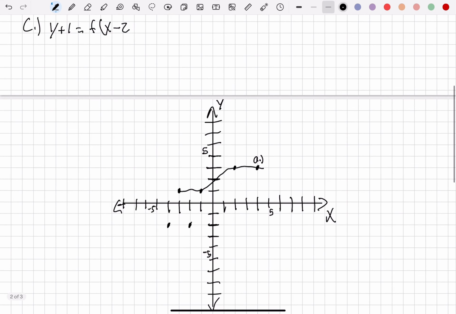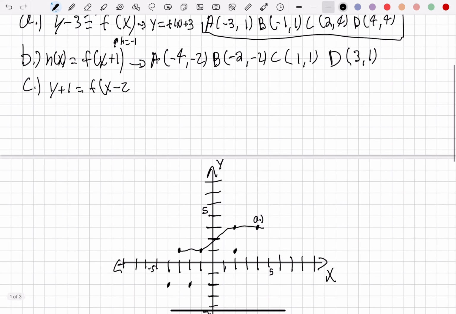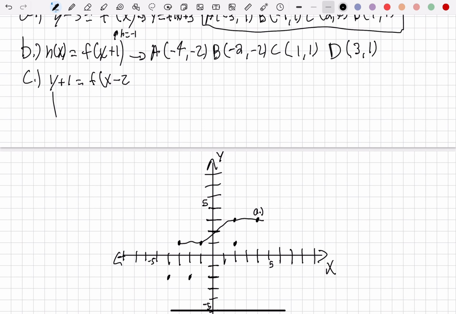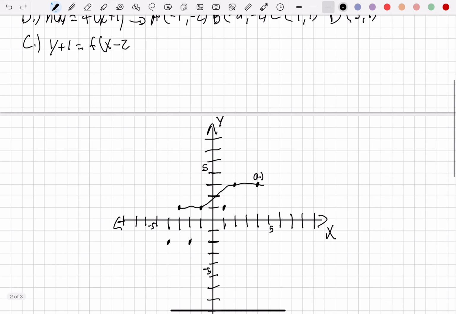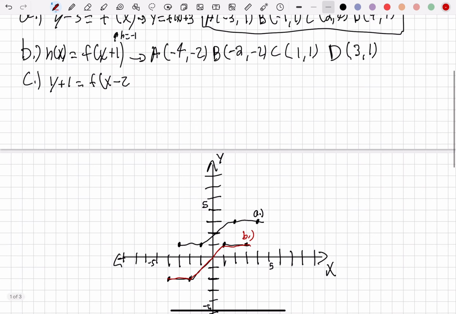And finally, 1 and 1 is going to go here. And then finally, we're going to put our 3 and 1 here. And so this is our new graph, which we can actually go over in a different color to symbolize it. It's a different line, and this is now B.